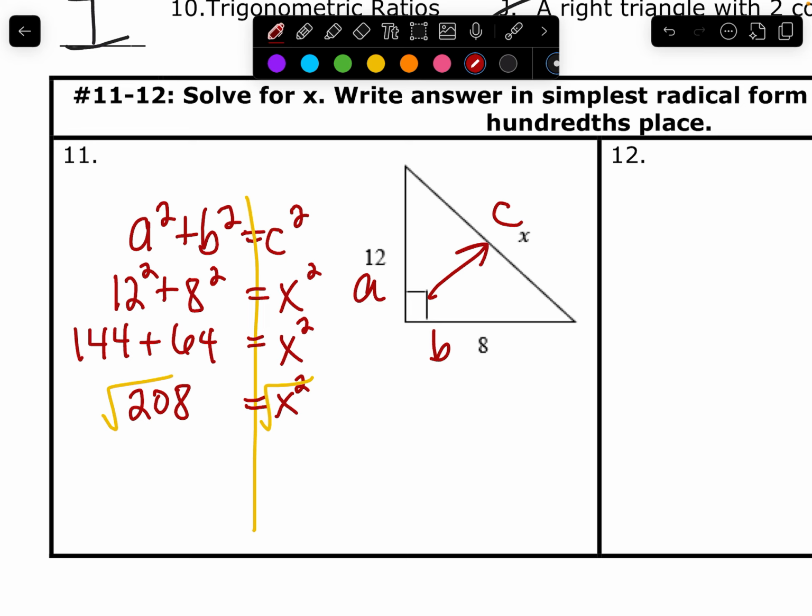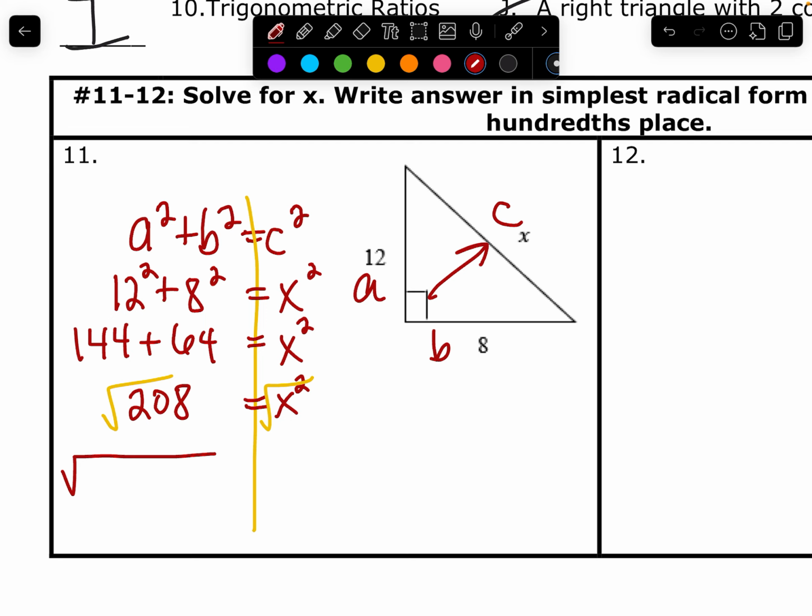To do that, we can take the square root on your calculator to get the decimal form, and we could also find the prime factors of 208 by doing menu 2, 3 on your calculator, or you can just build a factor tree and break it down.